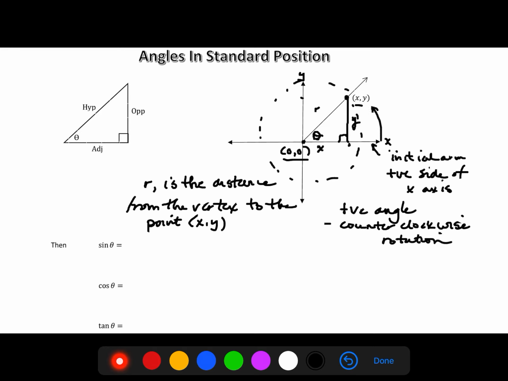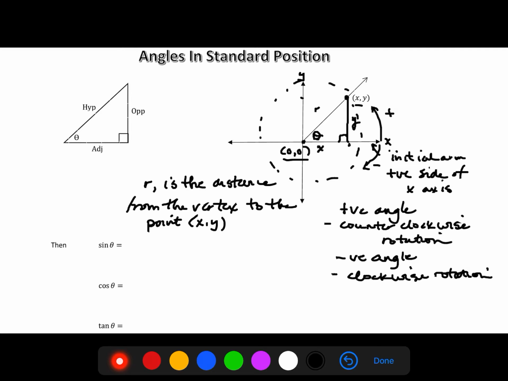So we're heading this way if we have a positive angle. A negative angle simply means that we're going the opposite way. We are going clockwise to create our angle. So positive would go this way, negative would go that way.